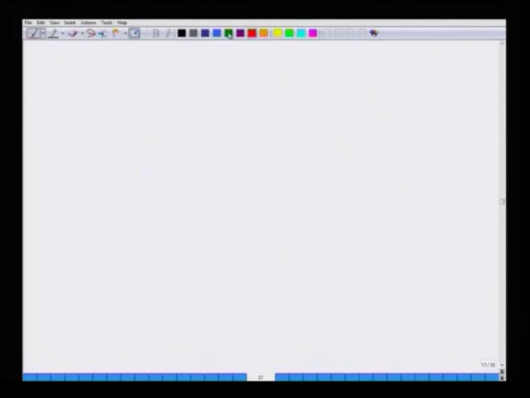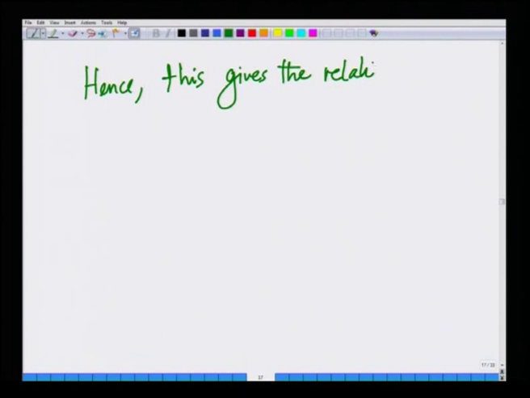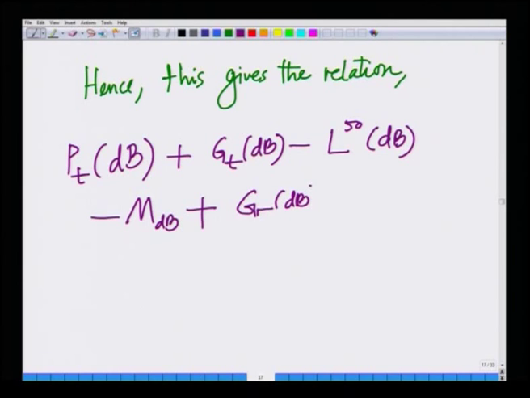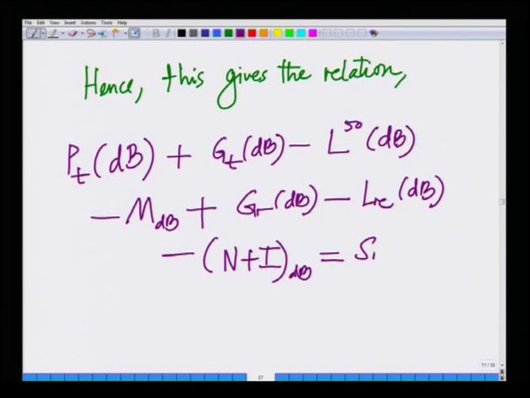And we can also express this by writing this down. Hence, this gives the relation: transmit power in dB plus gain of transmit antenna in dB minus 50th percentile path loss minus margin in dB plus gain of receive antenna in dB minus cabling losses in dB minus noise plus interference in dB equals SNR required, of course in dB.